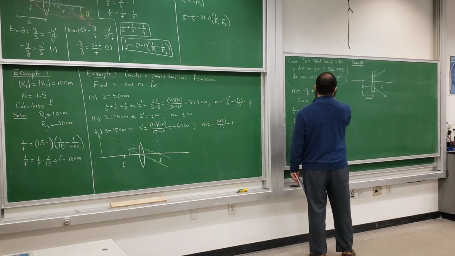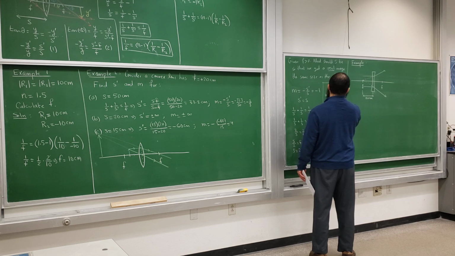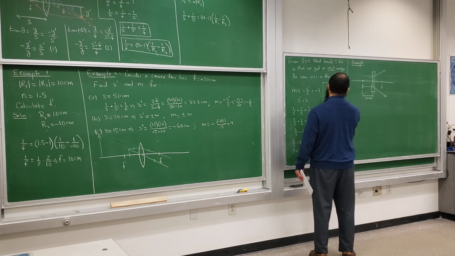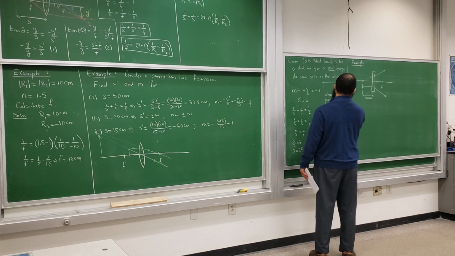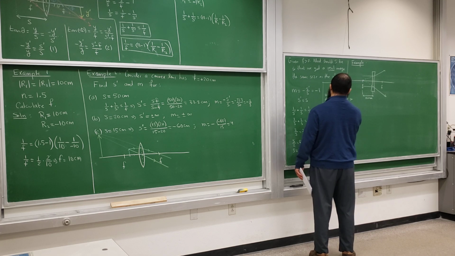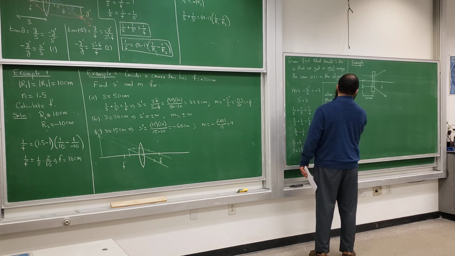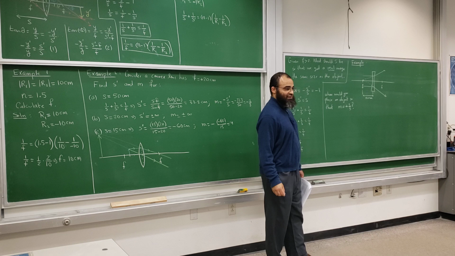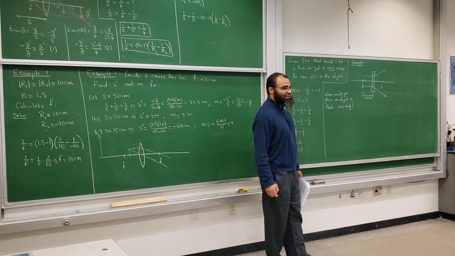So where would you place an object so that the magnification will equal positive 1/3? Okay. Where would we place our object in order to get a magnification that is positive 1/3?